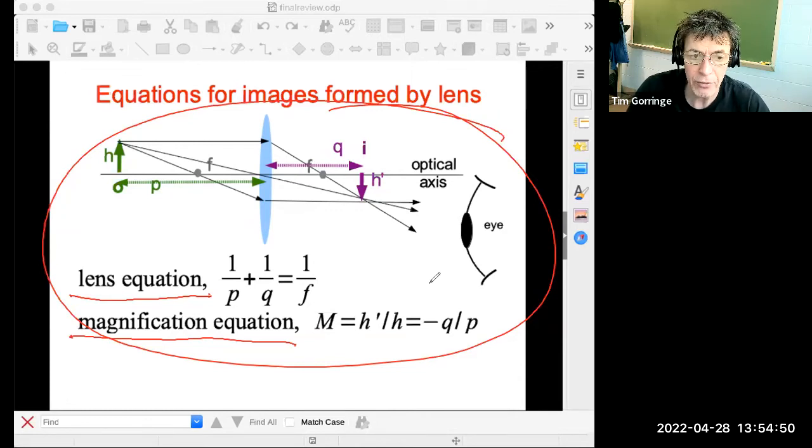And they can make both upright and inverted images. That's not true of diverging lenses and diverging mirrors. For example, diverging lenses and mirrors only ever make minified, smaller images of the objects. And so they're much less flexible than the converging lenses and the converging mirrors.